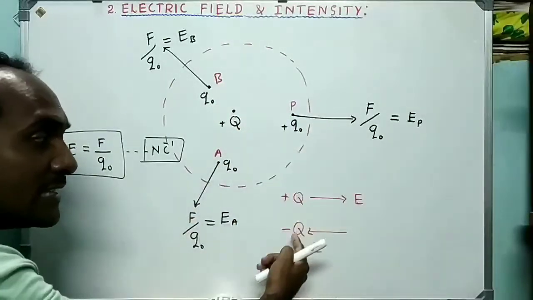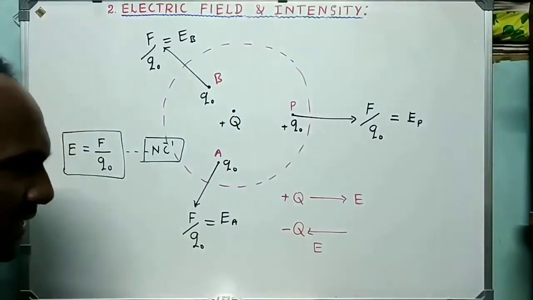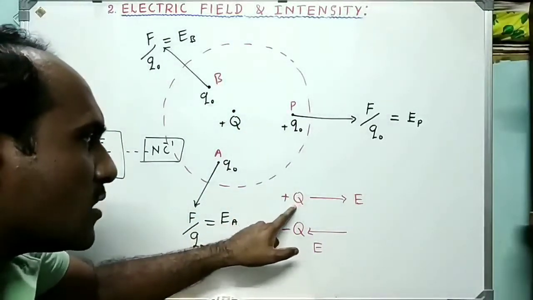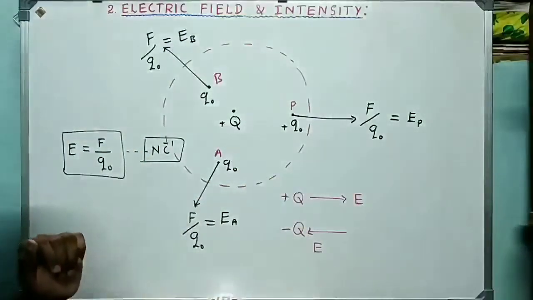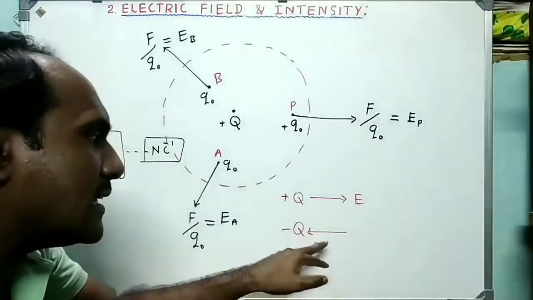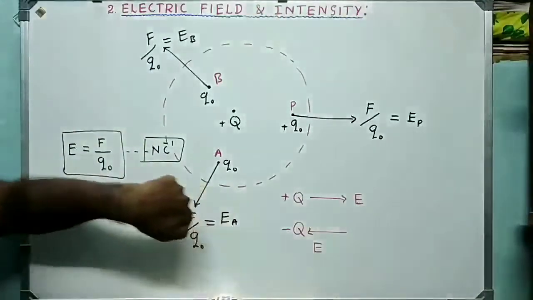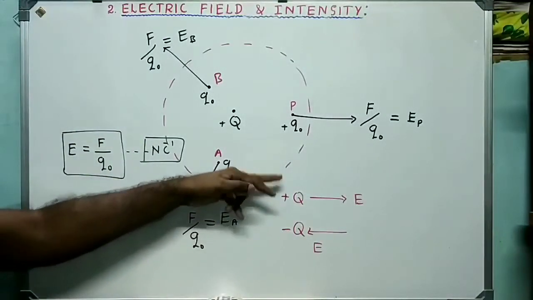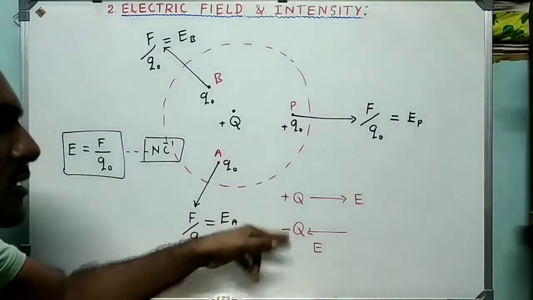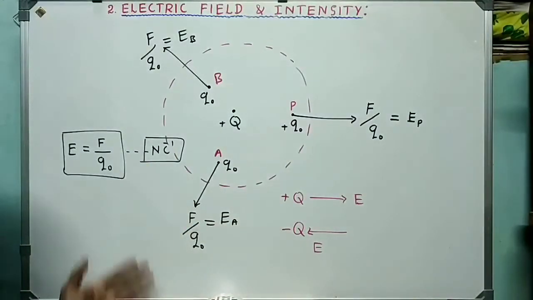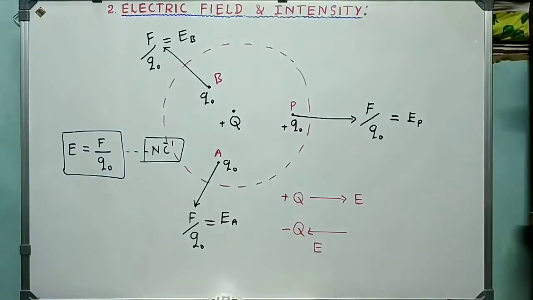That's why electric intensity is in this direction. In case of a positive charge, the direction of electric intensity is away from the positive charge. In case of a negative charge, it is towards the negative charge. Keep it in mind. This is very helpful in derivations. When you are going to derive, this concept is very important. Please note it down. Okay?